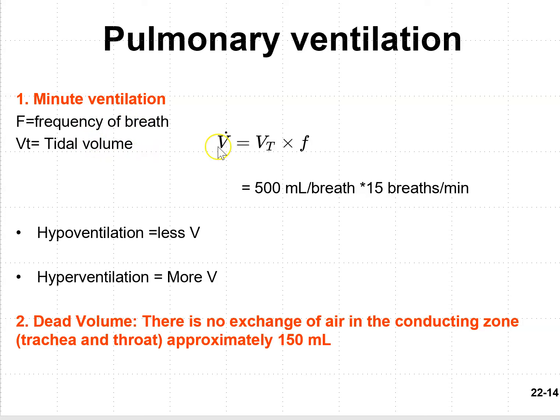Minute ventilation is written as V with a dot on top. This dot refers to 1 minute. So this is equal to tidal volume, which is 500 ml in a normal person, and the frequency, which is approximately 15 breaths per minute.